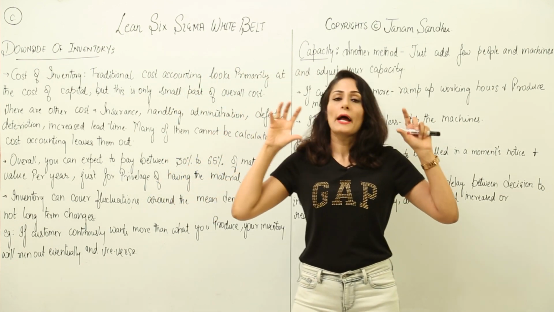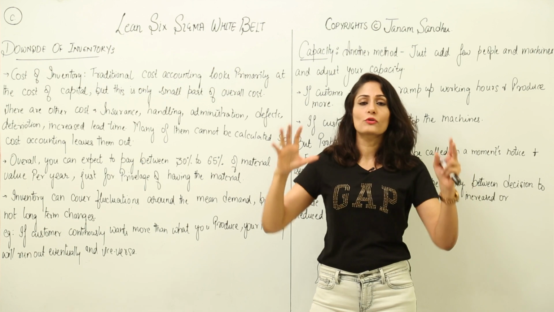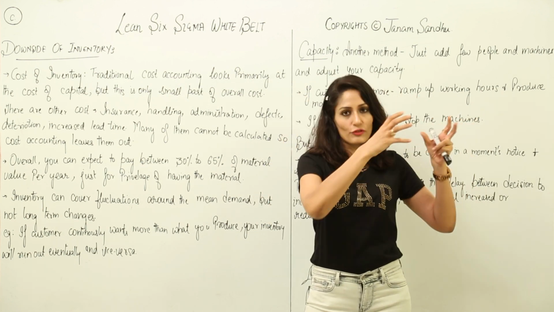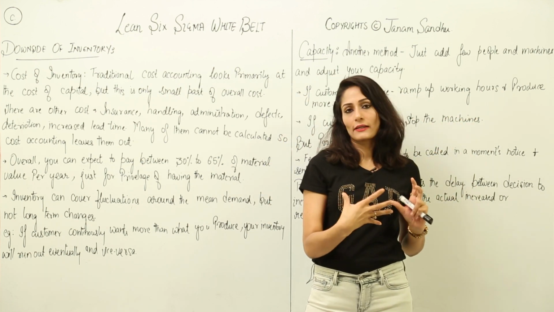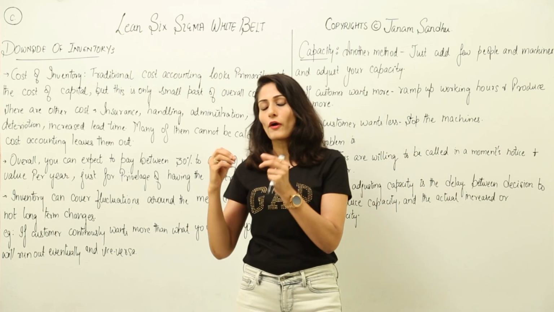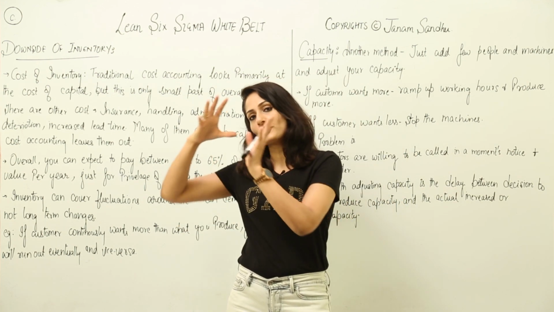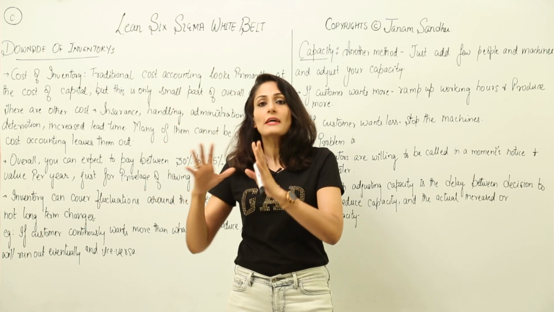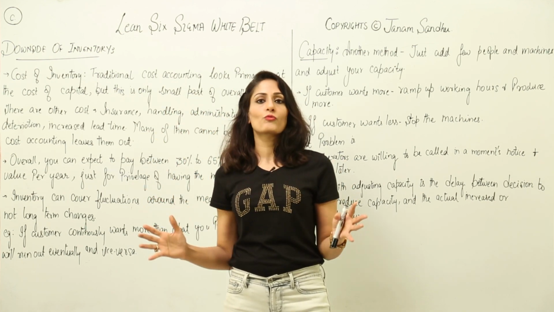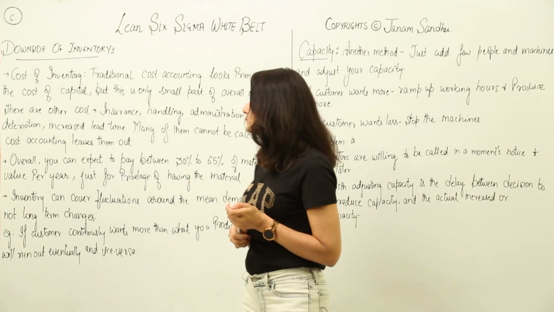By now I believe you understand that the cost of inventory is not just the cost at which we buy that thing, or if we have made finished products. It's not just the cost of those products, there are other costs involved too, and they are huge.